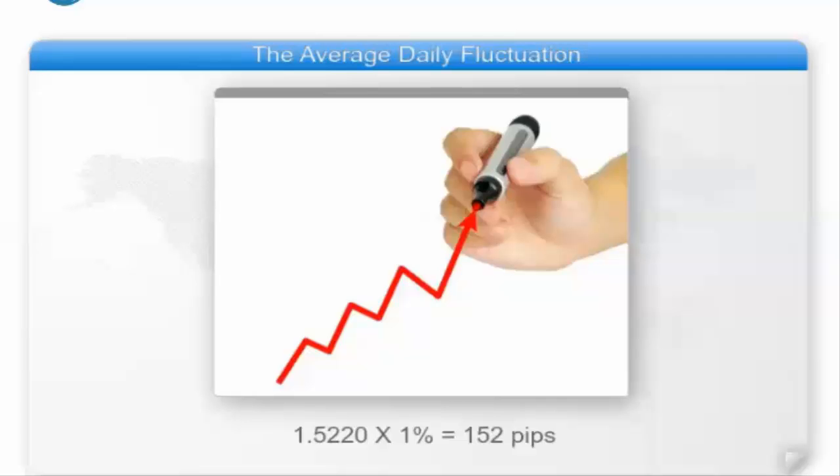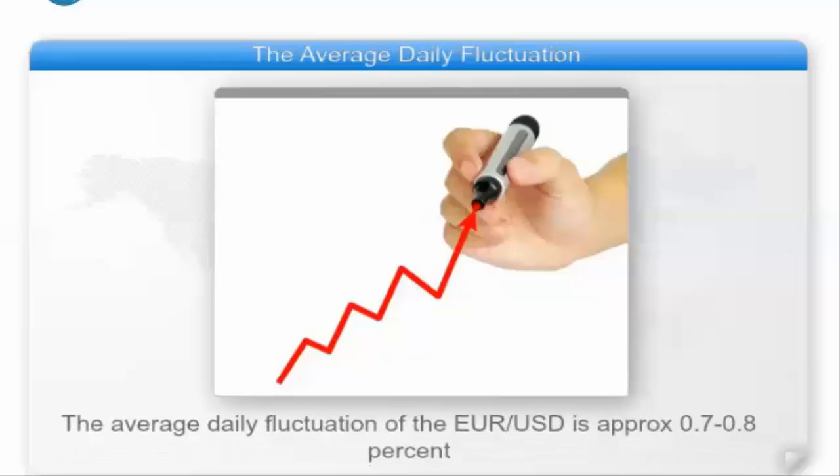So, if we said that the daily fluctuation of the euro to dollar is about 100 pips a day, by what percent does the euro-dollar fluctuate on average? About 0.7 to 0.8%, and in more turbulent periods, 2% at most. From this, we can learn of a new and important advantage that exists in the Forex market.